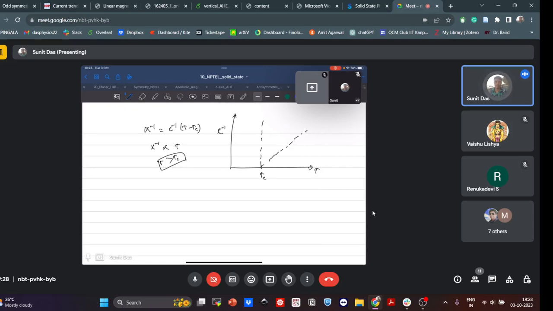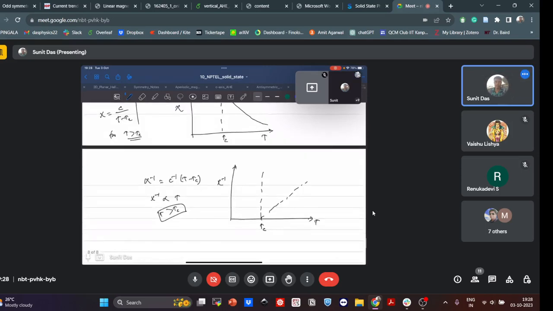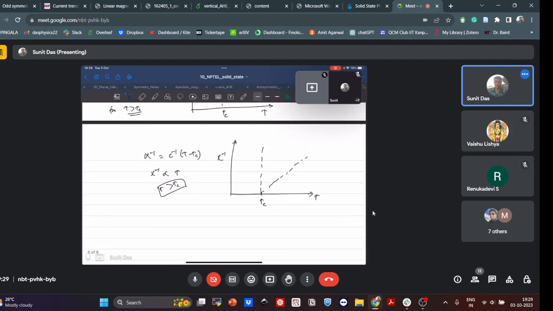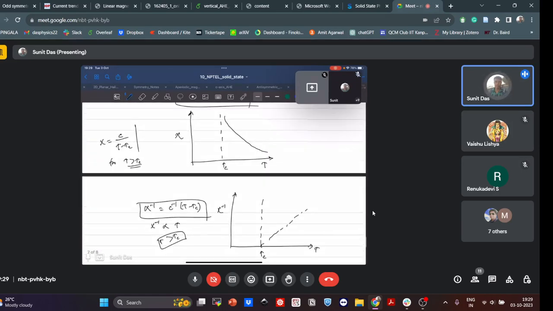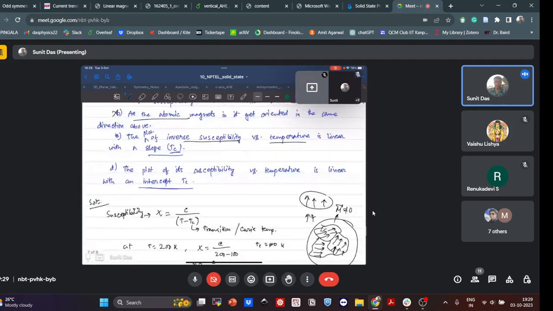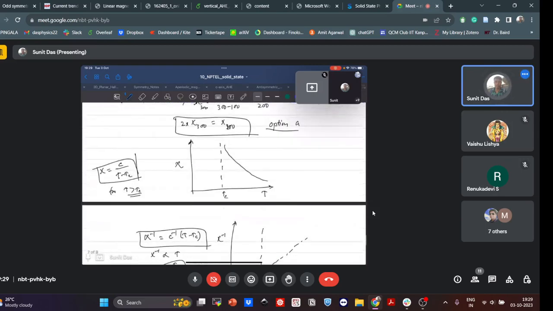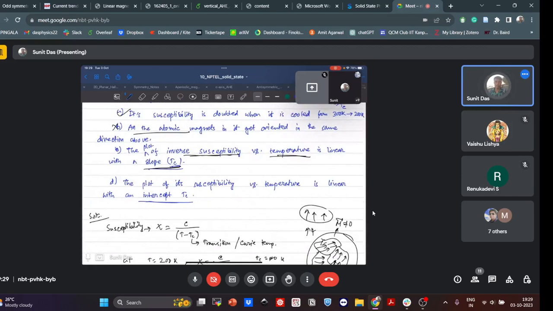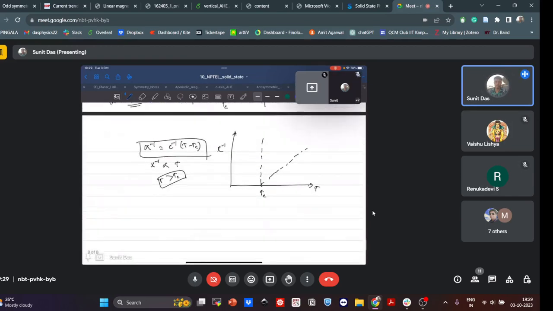So let's look at this equation and try to read options C and D. The plot of inverse susceptibility versus temperature is linear. That is okay, that's what we found. But it says with a slope of Tc, and that is not the case.